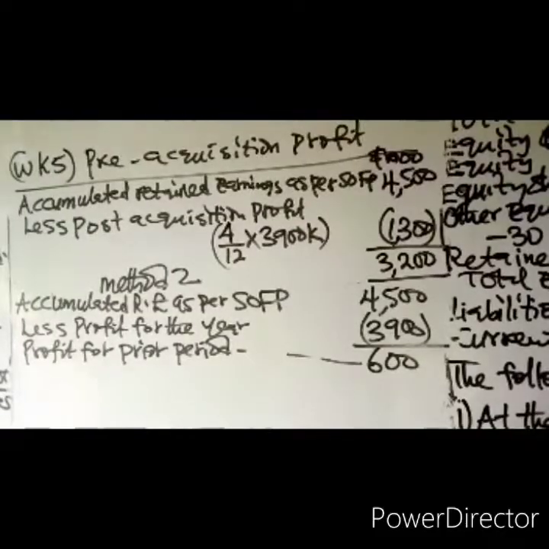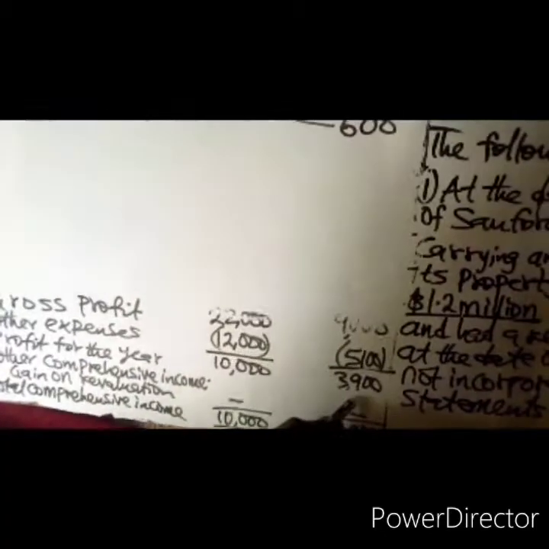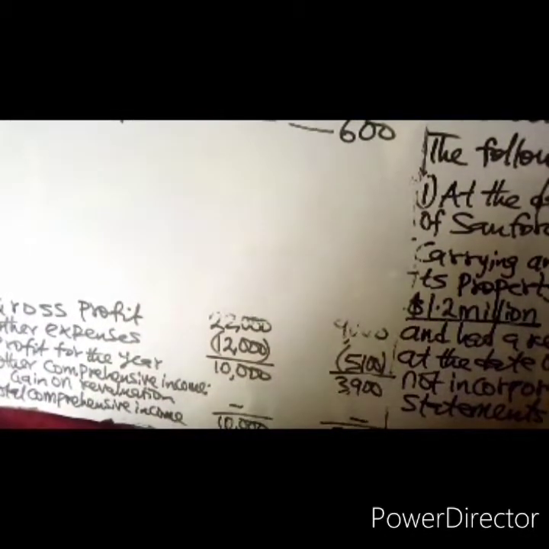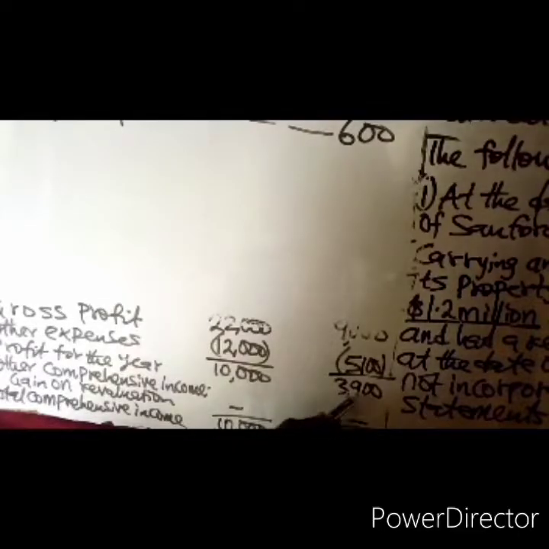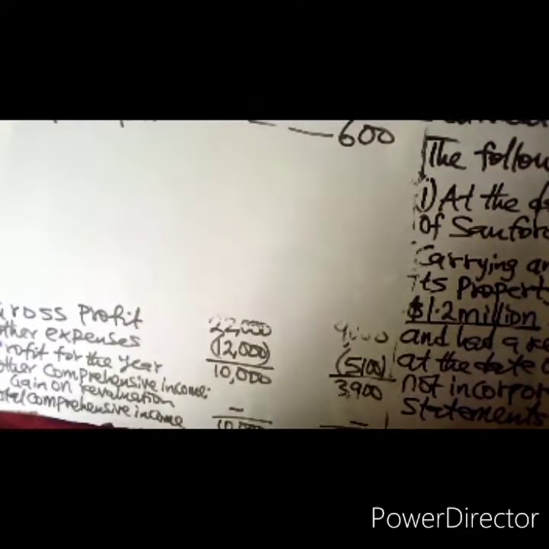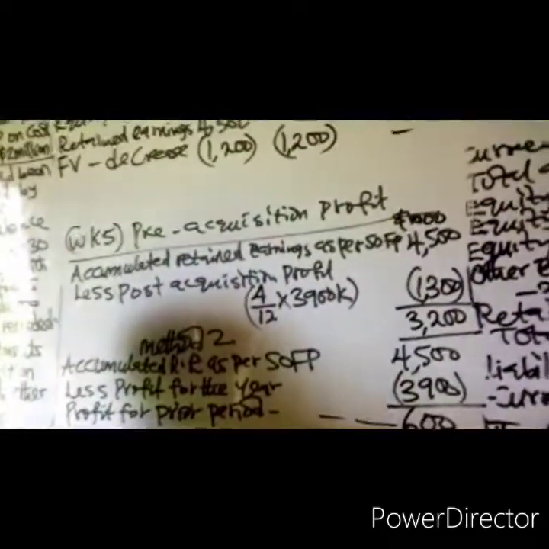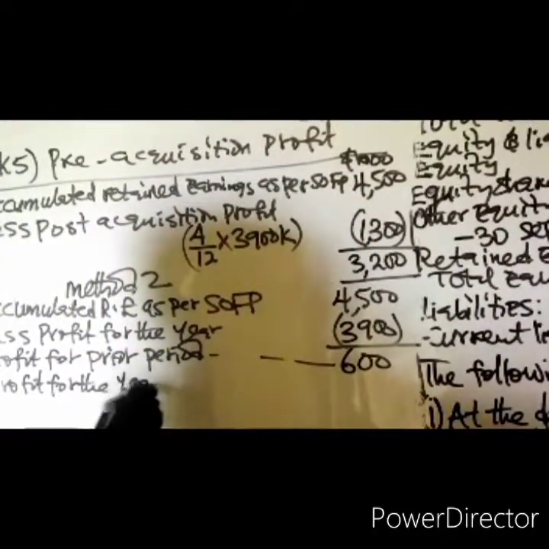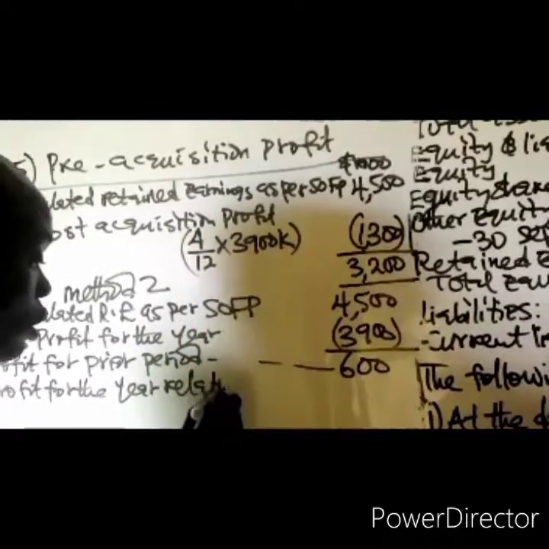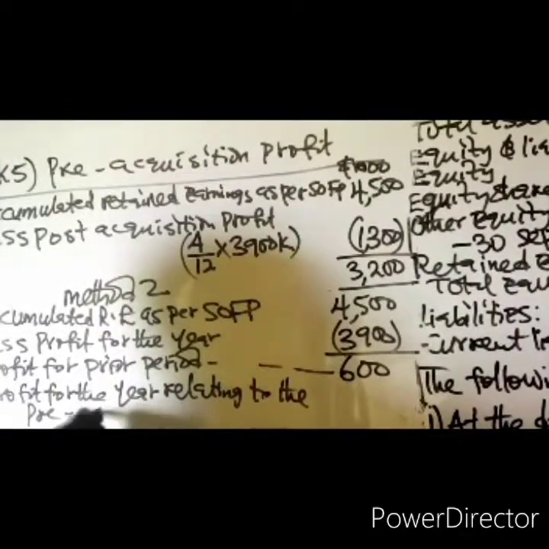Then, the profit for the year of 3,900, part of it relates to the pre-acquisition period, while 4 months of it relate to the post-acquisition period. This is the profit of 12 months, and out of these 12 months, only 4 months relate to the post-acquisition period. That means 8 months will relate to the pre-acquisition period. So we now add the profit for the year relating to the pre-acquisition period.